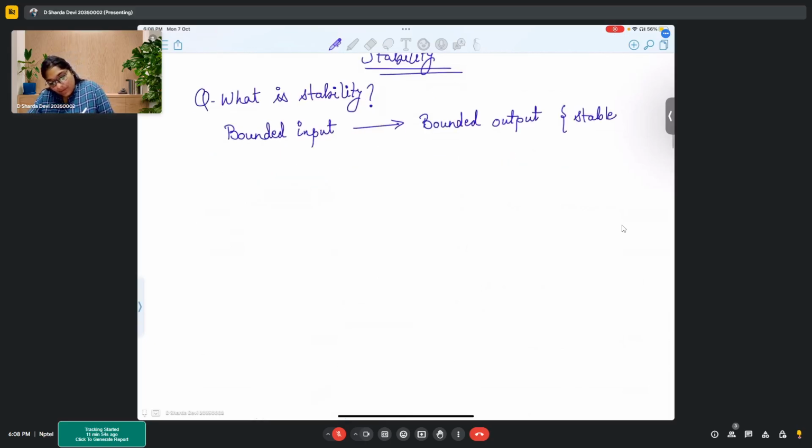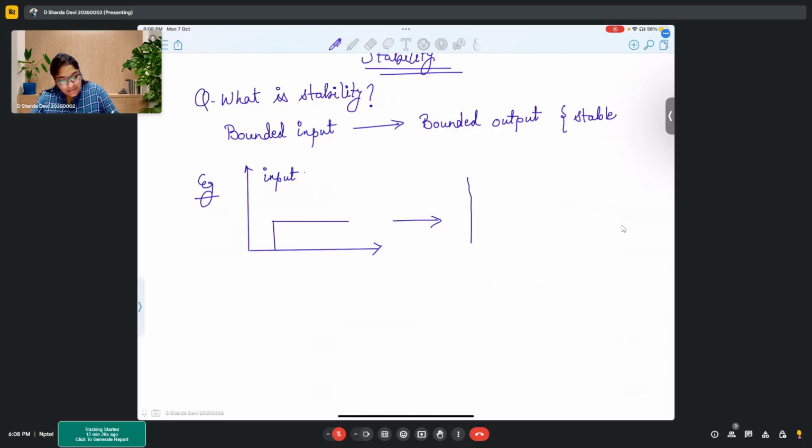Now, let's say, for example, if this is your input, corresponding to this, if you get an output somewhat like this, but it retains, then your system is stable.